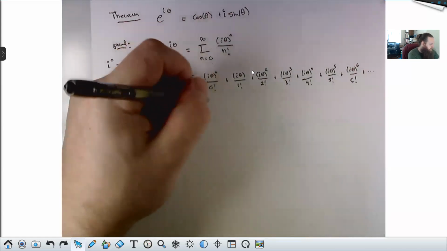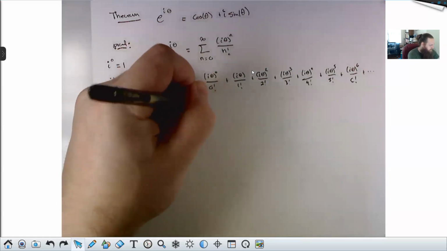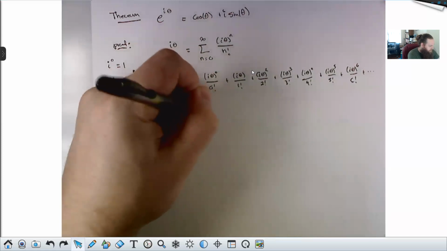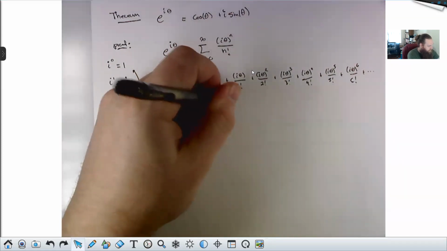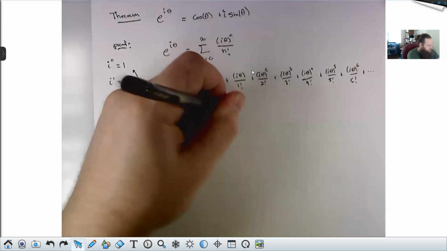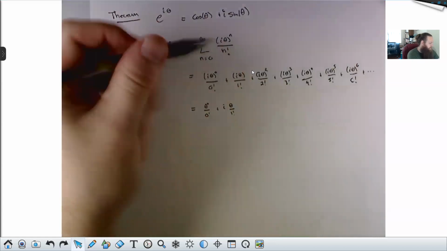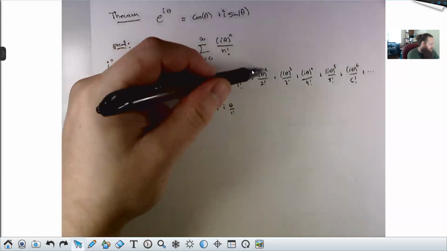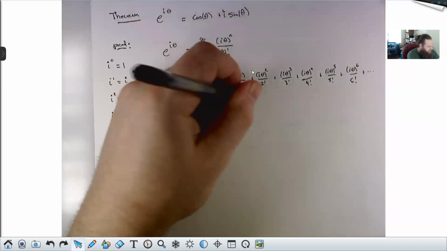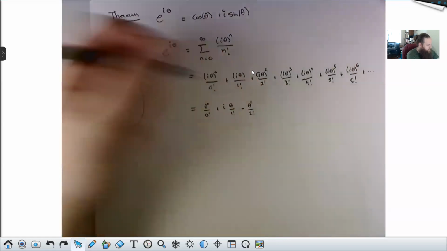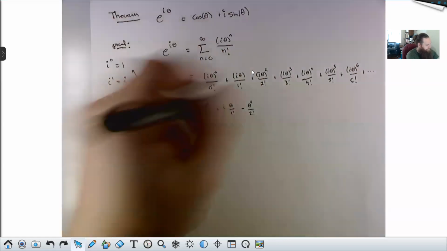The big deal is popping out the appropriate powers of i. So this first guy is theta to the 0 over 0 factorial. And I have plus here i times theta over 1 factorial. That's i to the 1. i squared is going to be minus theta squared over 2 factorial, because i squared is -1.